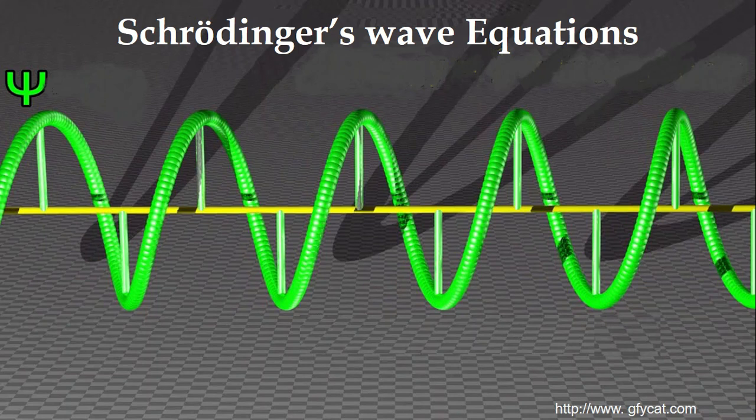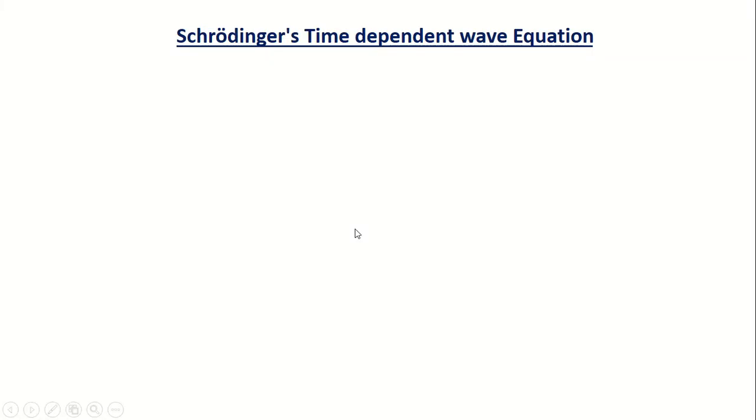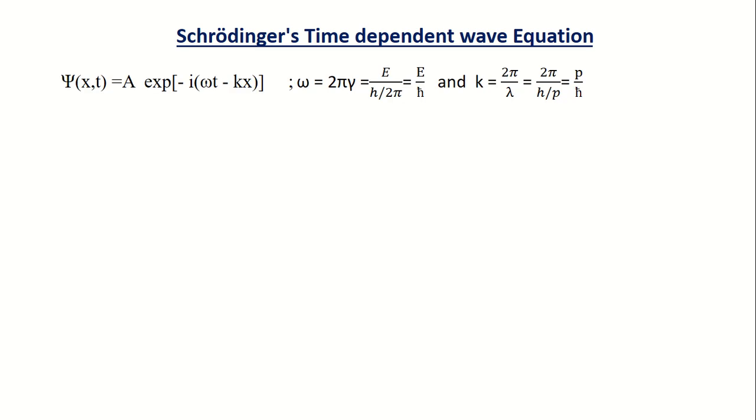He developed wave equations: the time dependent wave equation and the time independent wave equation. As psi is the quantity that varies with space and time, psi is the solution. Therefore this psi, that is the wave function, which is a function of x and t, that is space and time, is equal to a into exponential. Now this a is constant.